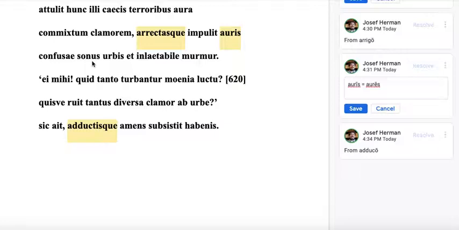So a sound of the confusi urbis. Okay, so these are both, the words confusi and urbis, these are both feminine genitive singular. They go together. The sound of the confused city and its inlaitabile murmur, its joyless murmur.